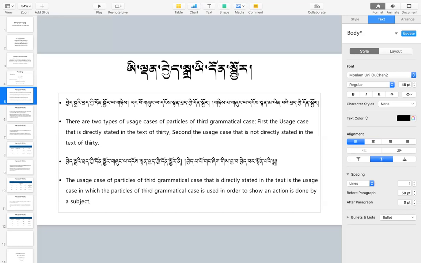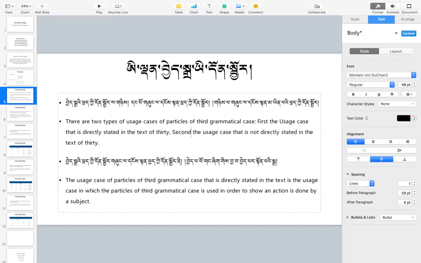So in that particular text, Smriti Gyana talks about those other usage cases which are not directly stated in the text, but are more inferential and also understood by the usage of the Tibetan language. So through his observation and different commentaries, he stated all the other inferential usage cases of the particles of the third grammatical case.